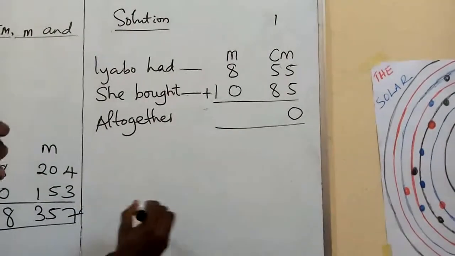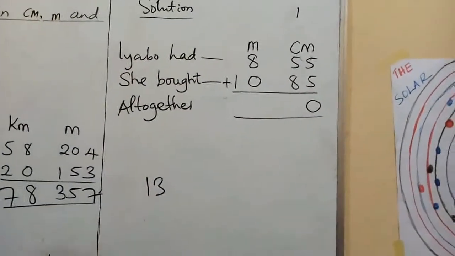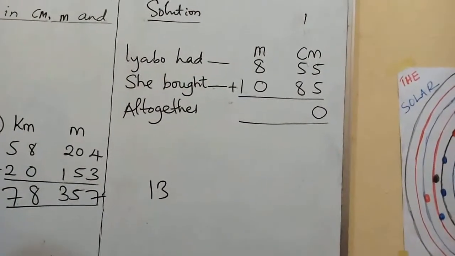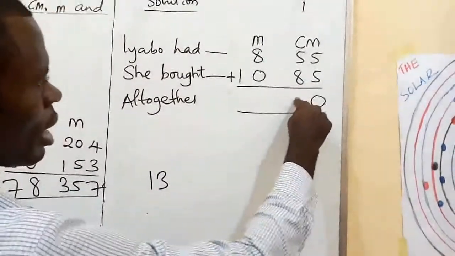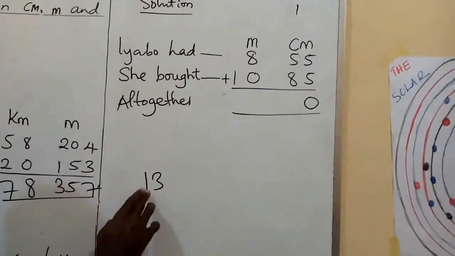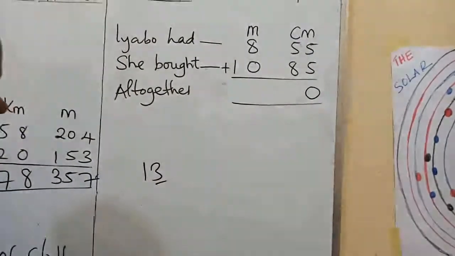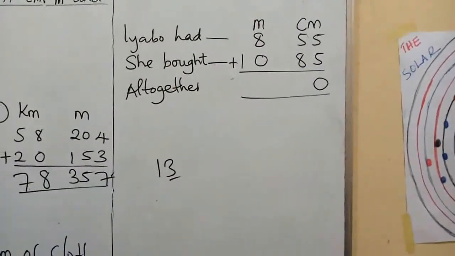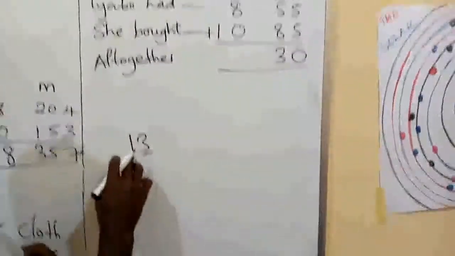If you do that, you're going to have 13 as your answer. So you also have a 2-digit number as your answer, so it's also wrong if you write 13 here. So what do you do? You write the unit digit, which is 3. You write 3 down and you carry over the 1.